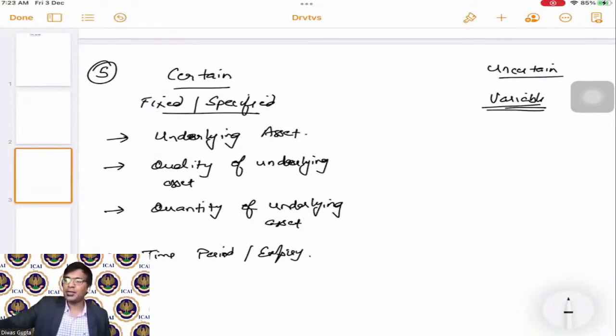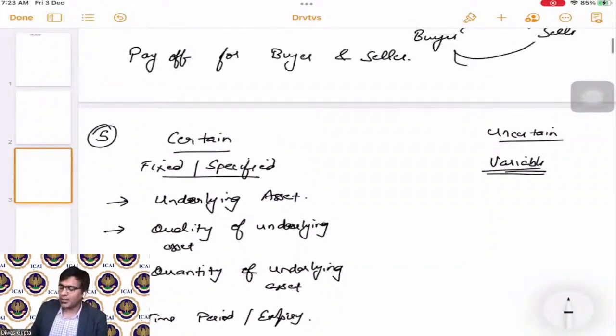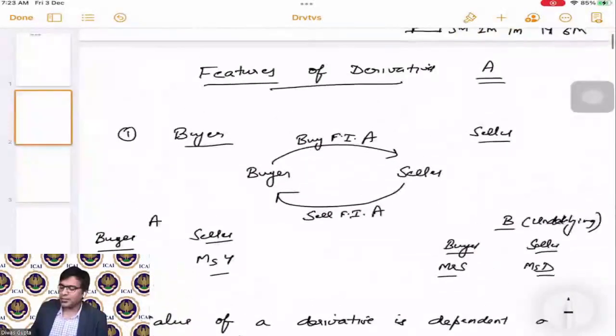Students, please do respond so that I can come to know whether you are able to understand or not. So what is that one thing which is uncertain or variable in this entire contract between A and B?